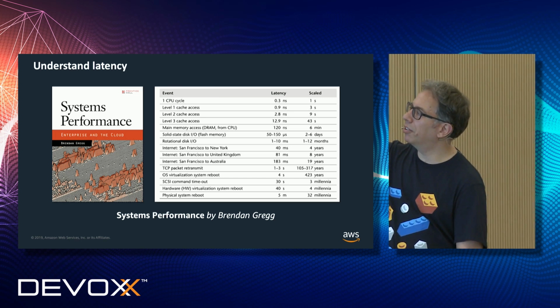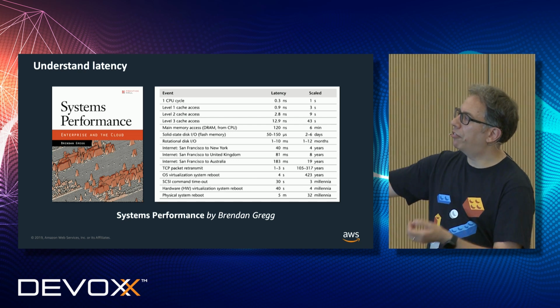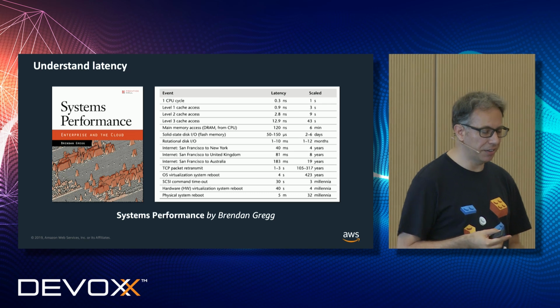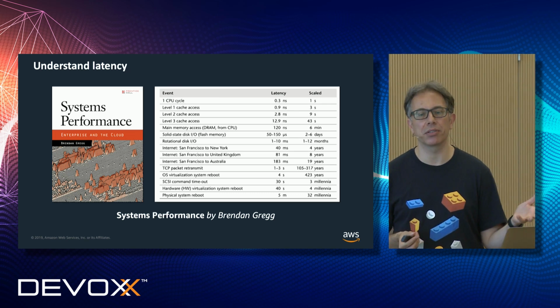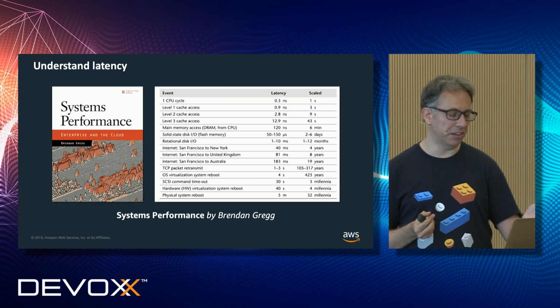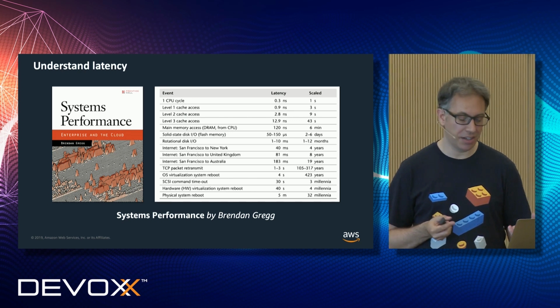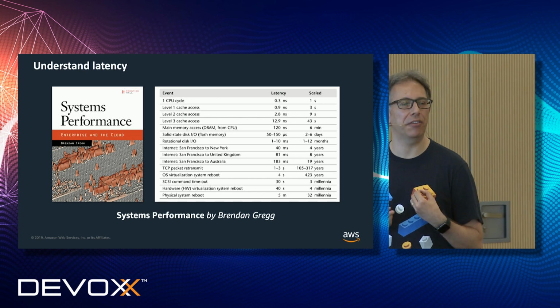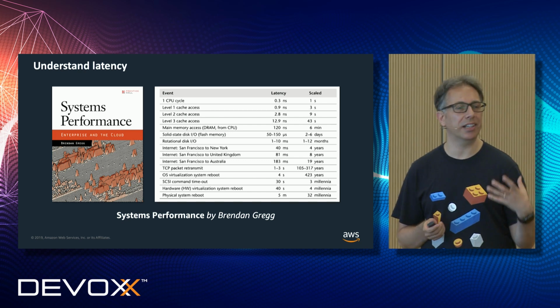And just to give you an idea, now if one CPU cycle was 1 second, reading from memory is 6 minutes. Going to the internet is years. Doing a reboot is millennia. So the speed is very different, and we have to understand which is the target that we need.